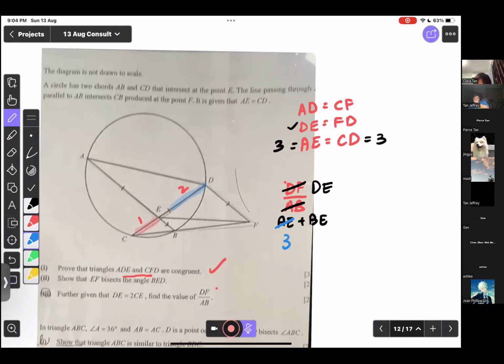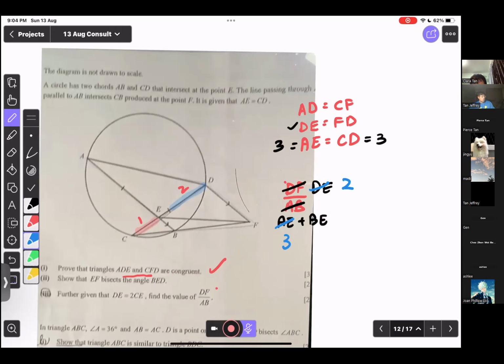And DE is 2 units. What is BE? BE is 2/3 of AB.